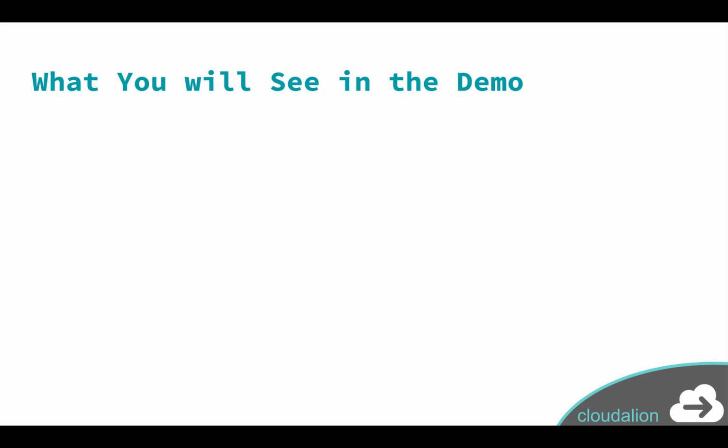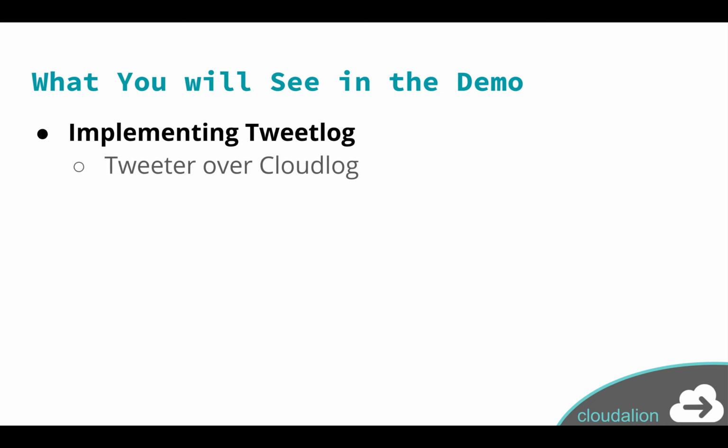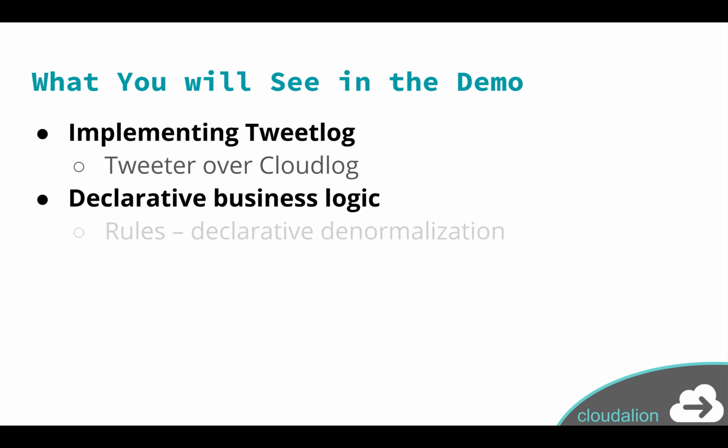So what are we going to see in this demo? Well, we are going to implement TweetLog, which is Twitter over CloudLog. We're going to use a declarative business logic. In particular, we're going to use rules as a declarative way to denormalize our data.